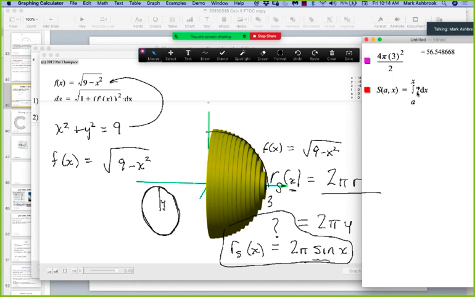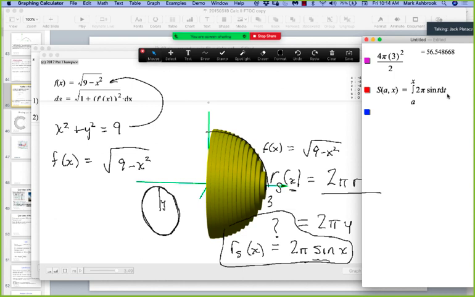Okay, and so what do we think the rate was? The circumference. 2 pi times 3 sine t, right? So we thought that maybe it's the circumference of these circles, then dt. Does that agree with our conjecture?